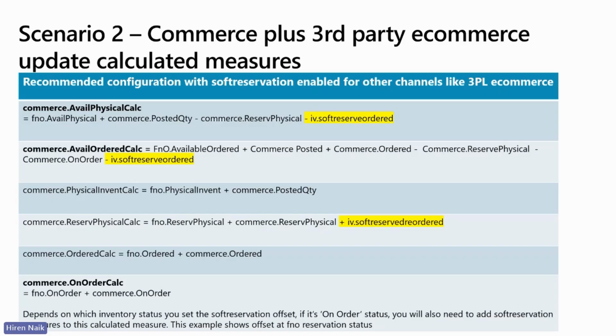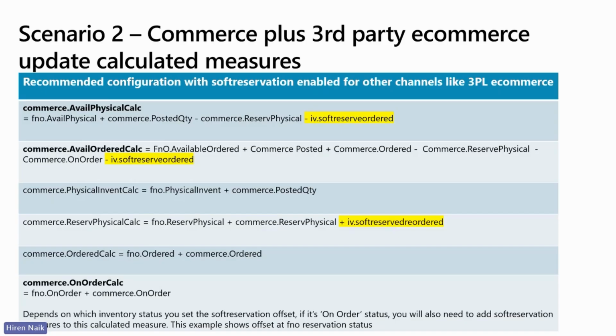It really depends whether you need to modify this one or not, and it depends on which inventory status you set your soft reservation offset to for your e-commerce orders. You first do the soft reservation in IVS for your e-commerce orders, and then you may later create those orders in F&O or Dynamics SCM HQ.